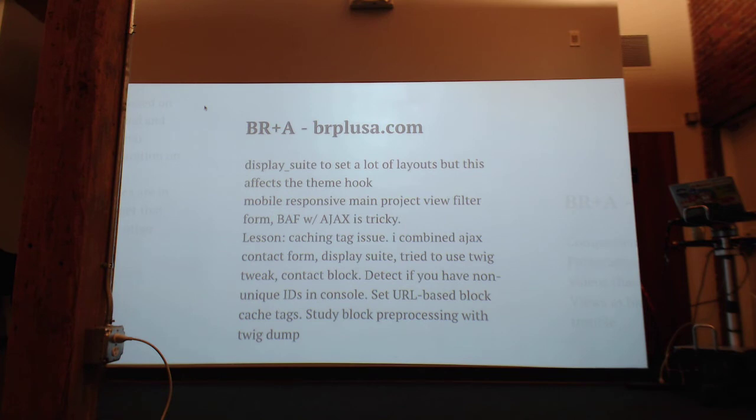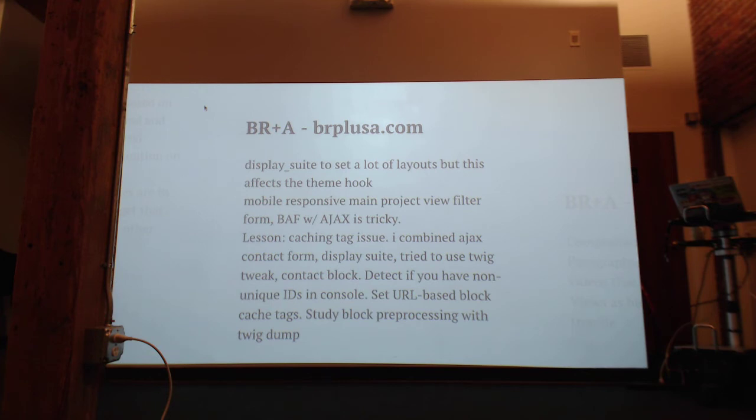And so the way to fix it is to use your preprocess block in your theme. If you set it so that your search blocks and your contact form blocks, especially the search blocks, have the cache tag per URL, then it all works. What that means is that the block is pre-processed on every different URL.